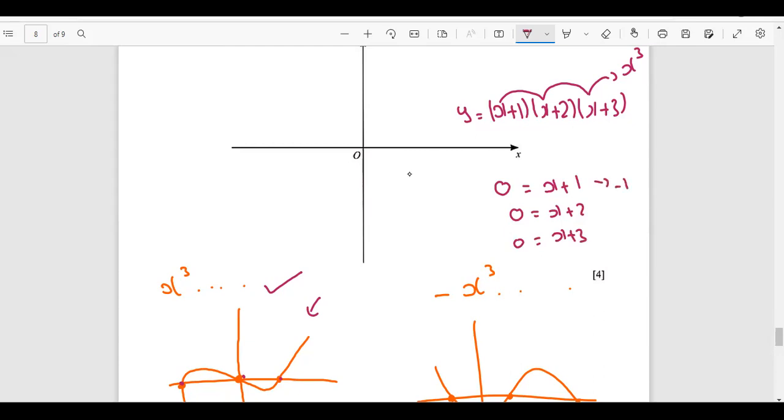So this would give me -1, -2, and -3. So the shape is going to be something of this type. This is -3, this is -2, and this is -1. And we need to make sure that they are equally distant, because -1, -3, and -2 should be equidistant. All right. So this is how it is going to be.